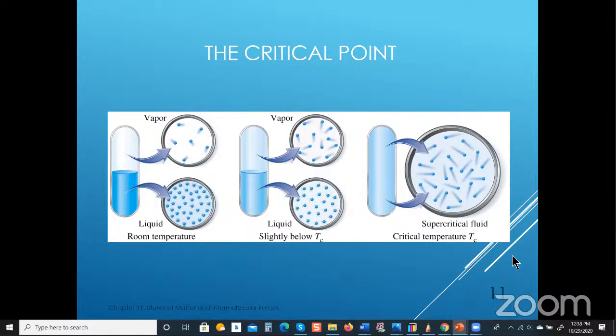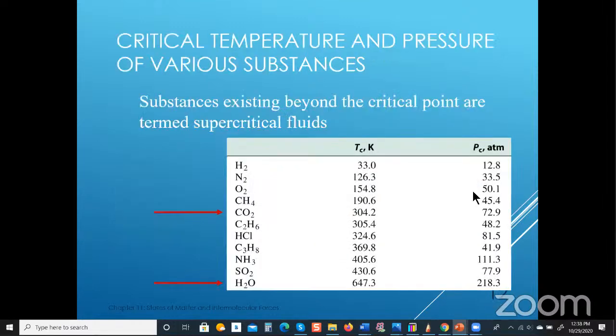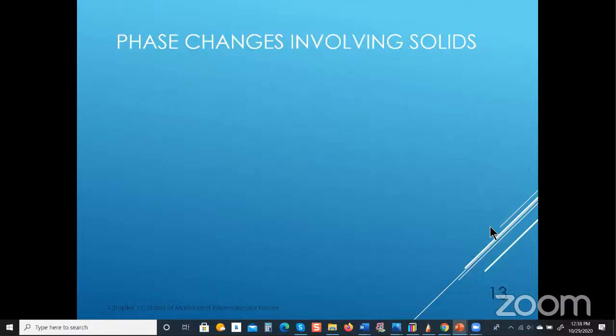And that's where you get to the critical temperature and the associated pressure at that point, right? And this is just some examples of different substances and their critical temperatures and pressures. Okay, so that's where we left off the last time.